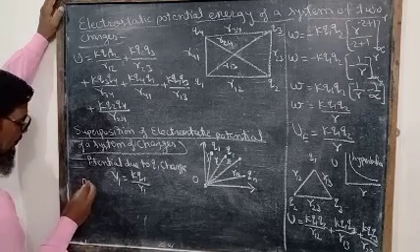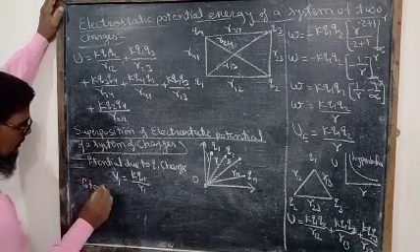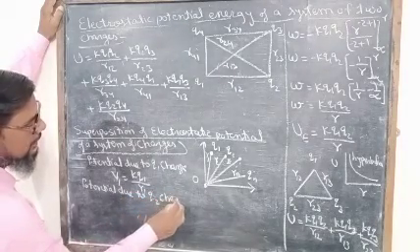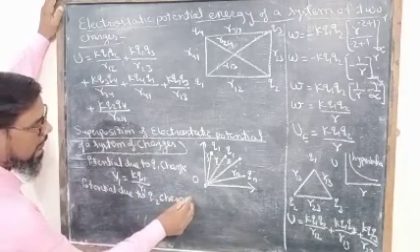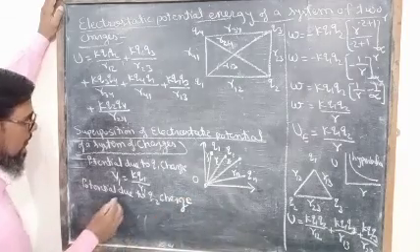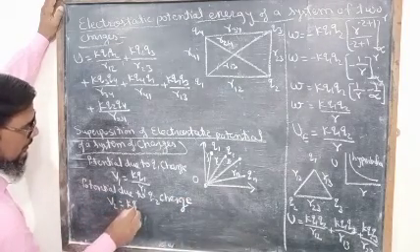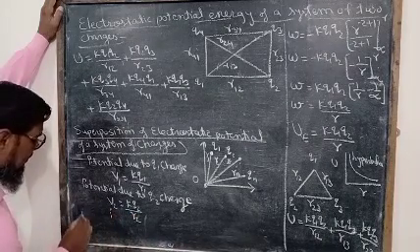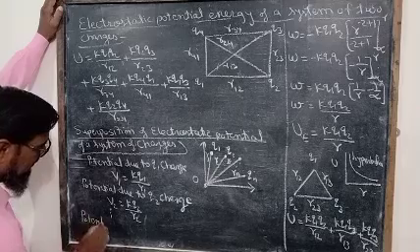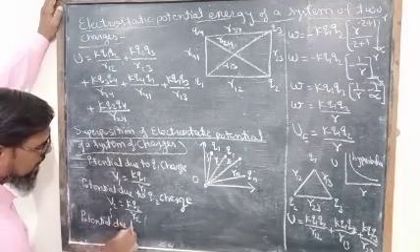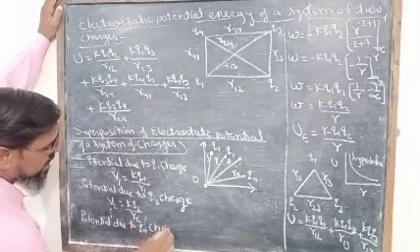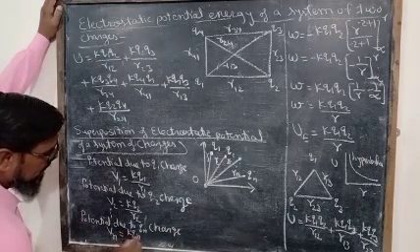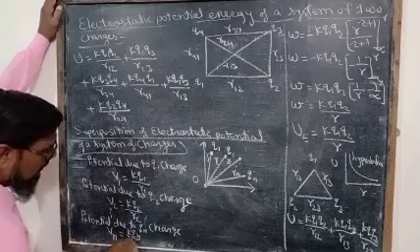Similarly, the potential due to Q2 charge, V2, is equal to KQ2 upon R2, and so on; the potential due to Qn charge is Vn equal to KQn upon Rn.